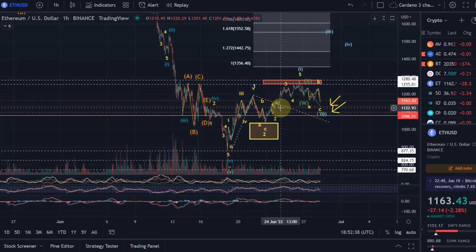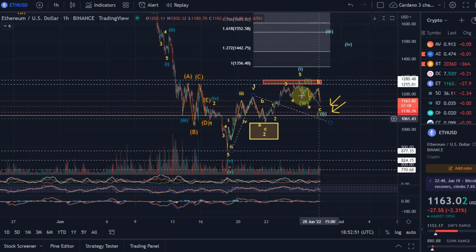You have to take key resistance levels out to invalidate certain bearish wave counts. And this is here, that red area between 1255 and 1280. We did not get above this level. So for now, the downside risk is just still there, and the price is struggling. I have to say that as well. Bitcoin as well, but here Ethereum for now as well.